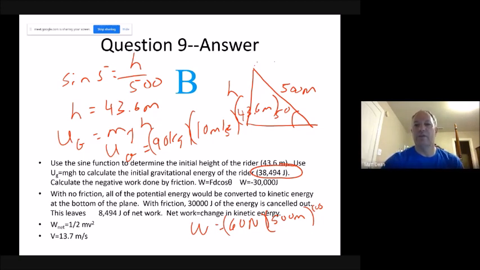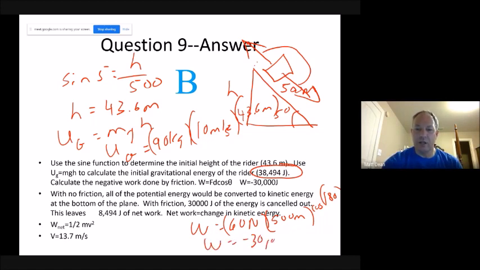The box is moving this way, friction's acting that way, so the angle between those two is 180 degrees. When we calculate this out, we end up with a work done by friction of negative 30,000 joules. That's negative 30,000 newton meters.